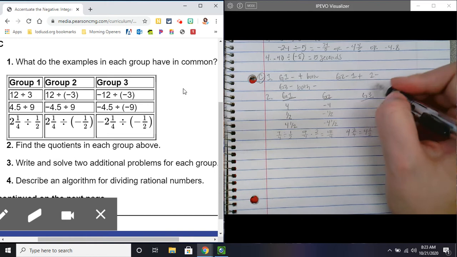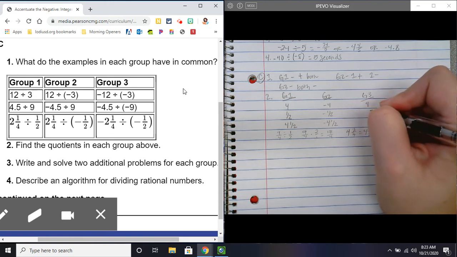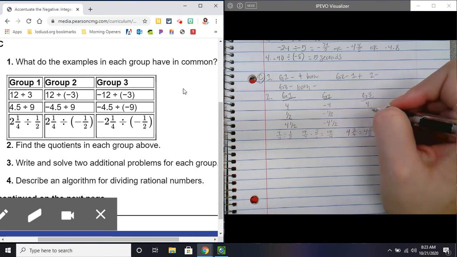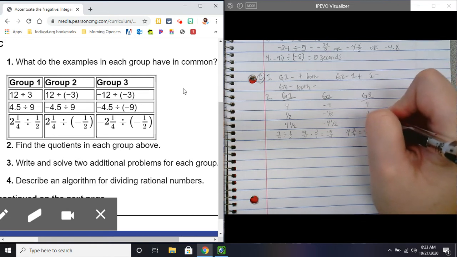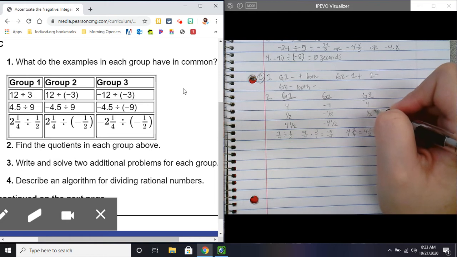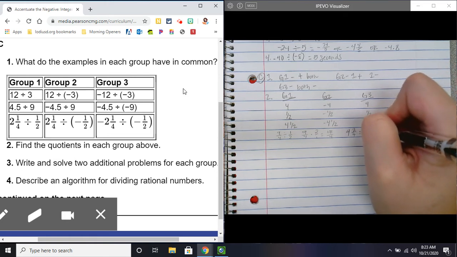Group 3 would be -12 divided by -3, which would be +4. -4.5 divided by negative 9, which would be 1/2, and negative 2 1/4 divided by negative 1/2, which would be 4 1/2.